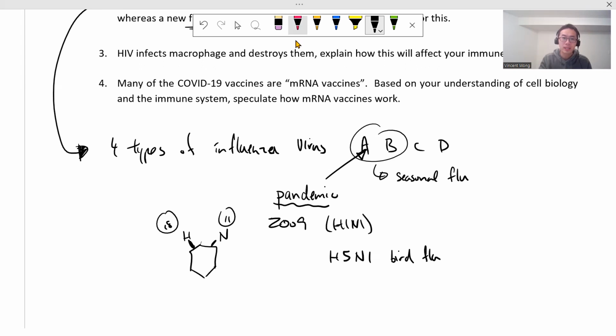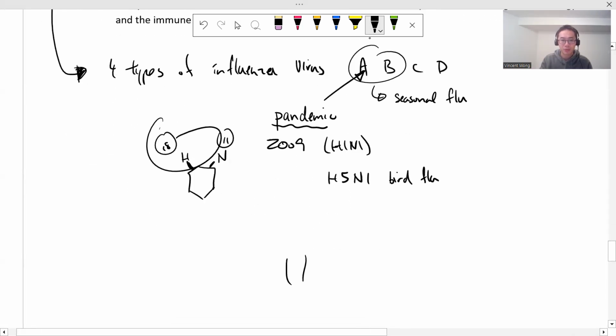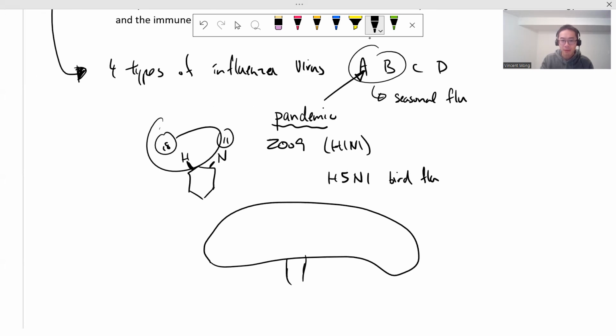So the goal here is to create something for a part of the virus that is not changing. But it's hard. Think of these things as like a mushroom, a huge mushroom. The cap of the mushroom, the crown here, this part keeps on changing because of genetic shuffling.